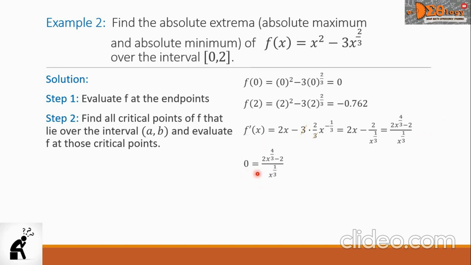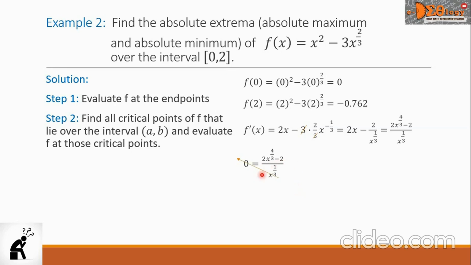So we have 0 equals this fraction here. When the derivative is a fraction, we can get a critical point when it is equal to 0, or we can get a critical point when it is undefined. So let us now solve for x.